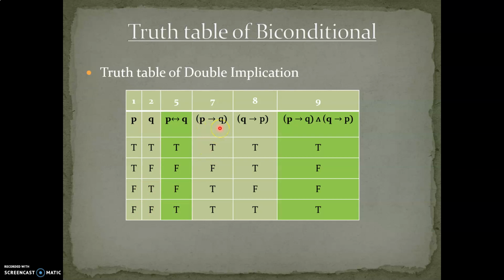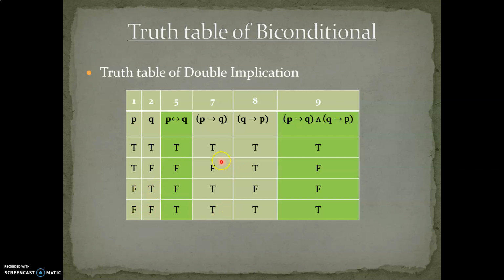P implies Q you have to find here. True implies true is true, true implies false is false, false implies true is true, false implies false is true. Now Q implies P you are finding here. First you will take the values of Q. True implies true is true, false implies true is true, true implies false is false, false implies false is true.